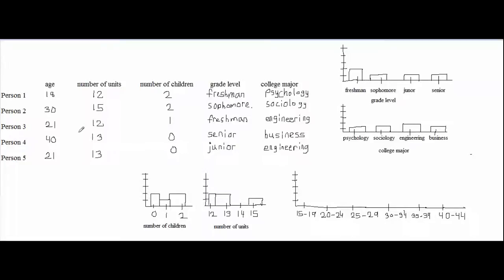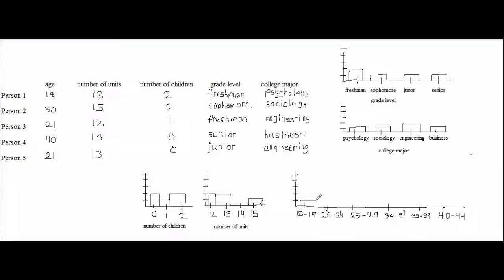In this column of data, in the age column, how many numbers are there that are between 15 and 19? Well, looks like only one number because 18 is the only number that's between 15 and 19 in this column. So this interval down here has a frequency of 1. It contains one number.